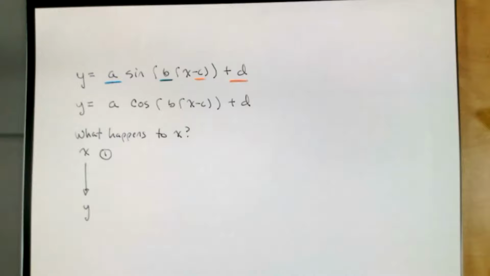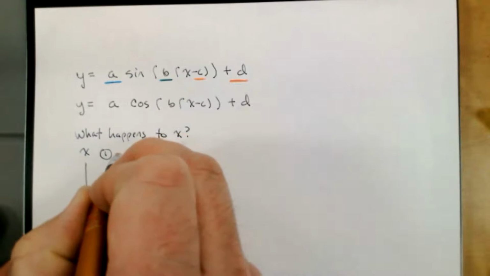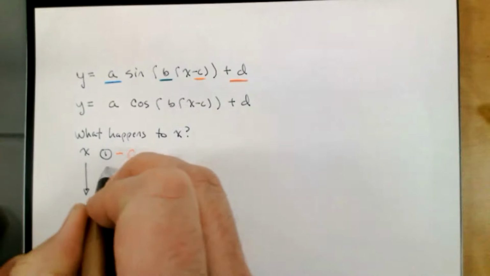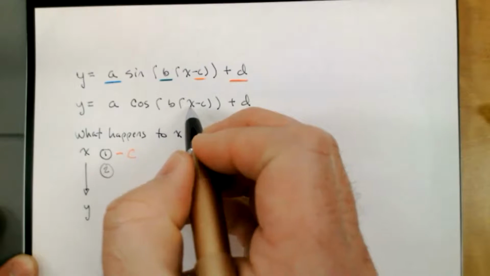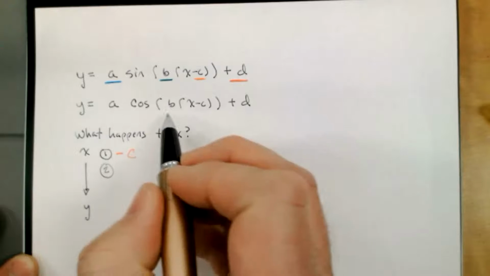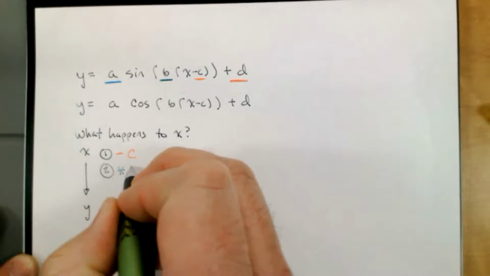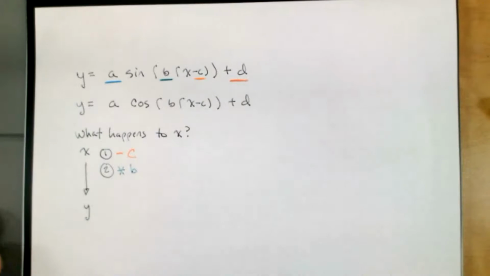So let's keep track of the things that happen to x. If I plugged x into either of these expressions, the first thing I would do is subtract C. So I'm going to list that as the first thing that happens, minus C. Then the second thing, once I calculate x minus c, is we multiply by B. I'm just going to make shorthand down here, multiply by B. I'm just writing down the order of operations as it applies to this function.